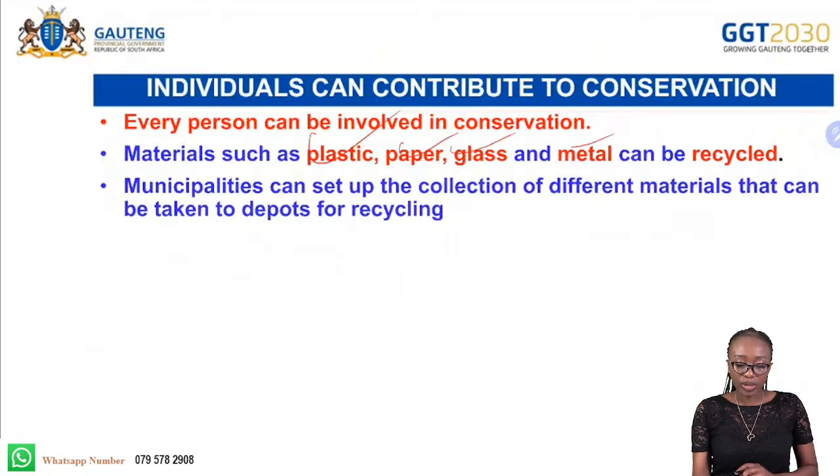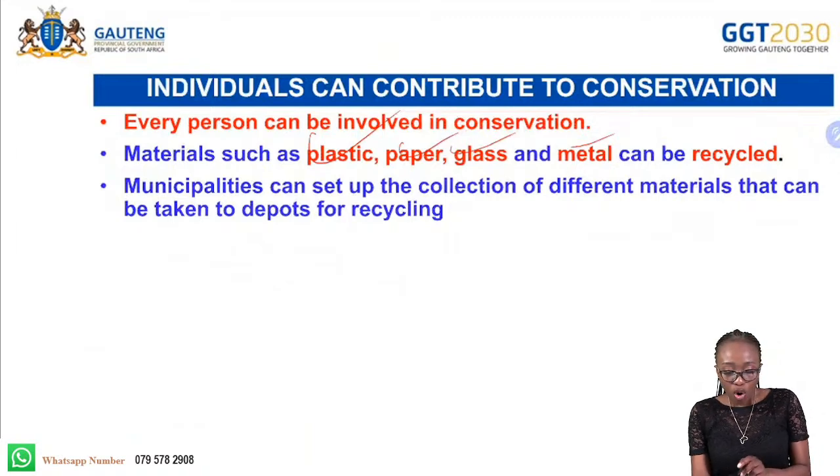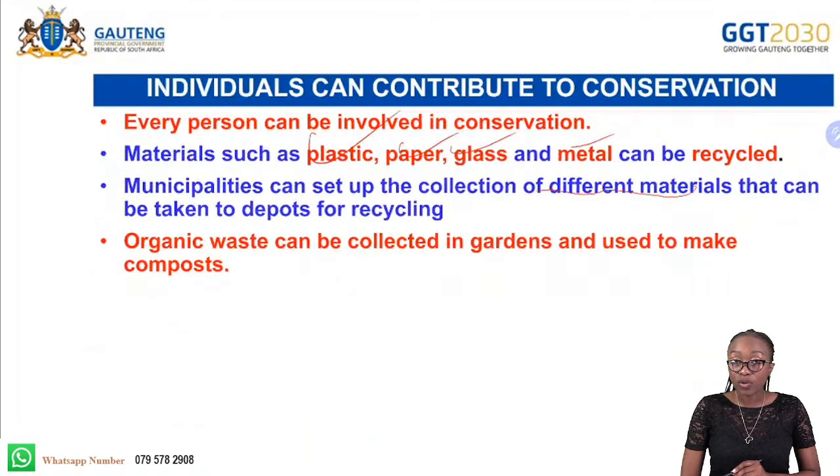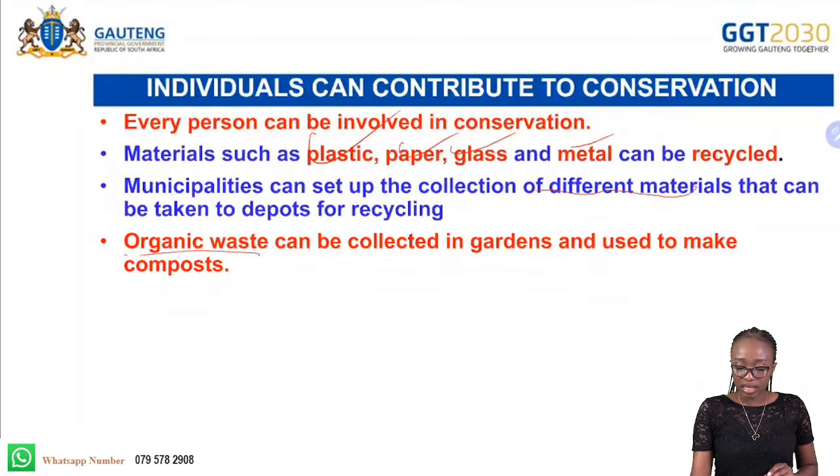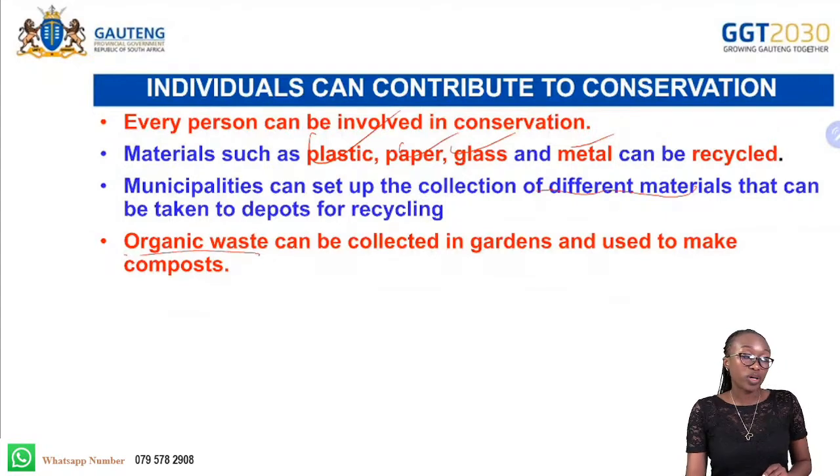Our municipalities can set up collection of these different materials, collection for plastic, collection for paper, glass and metal, and they can be taken to different depots for recycling. And organic waste, remember, paper, plastic and metal are not the only waste that humans produce. Organic waste can be collected in gardens and used to make compost.